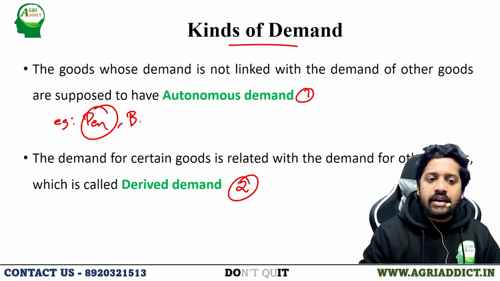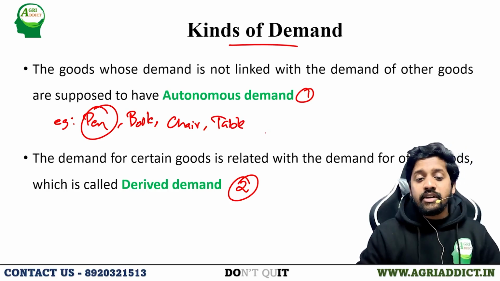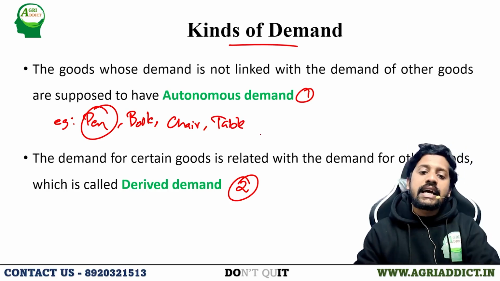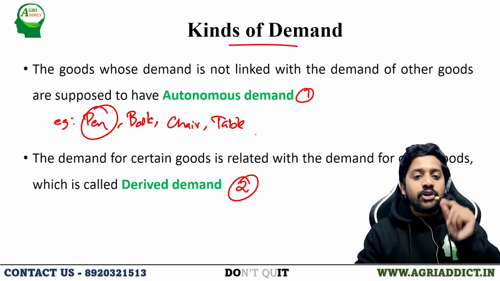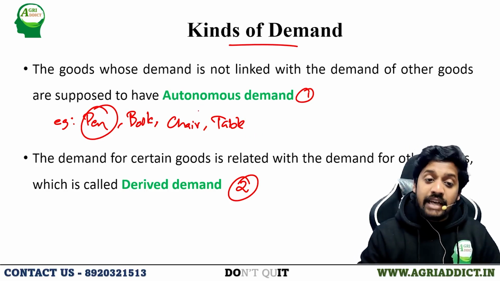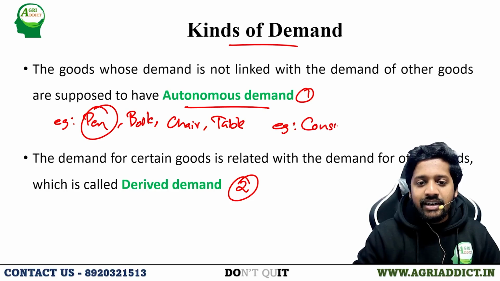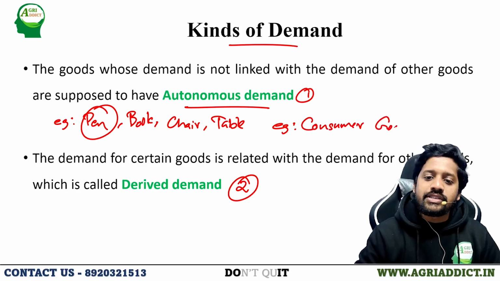Anything, pen, book, chair, table, or any commodity from which the consumer directly derives satisfaction and the demand is not linked with any other commodities, then the demand for that commodity can be considered as autonomous demand. Or in simple terms we can use the word consumer goods, right?